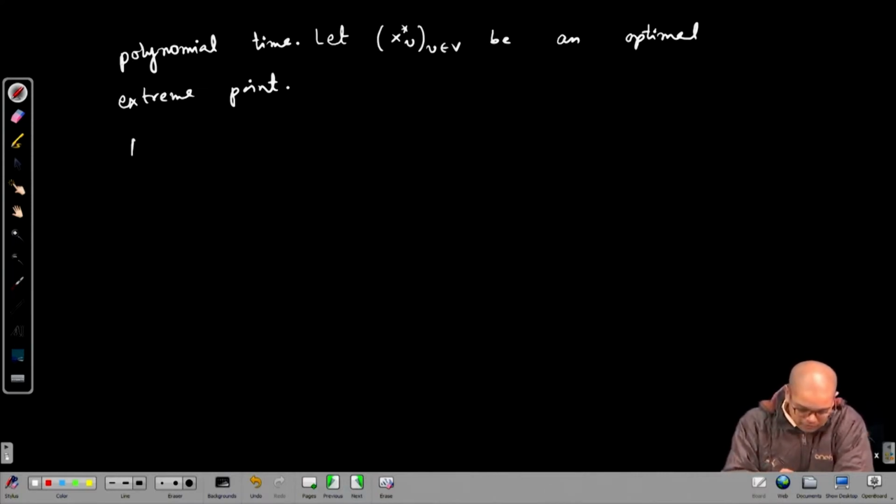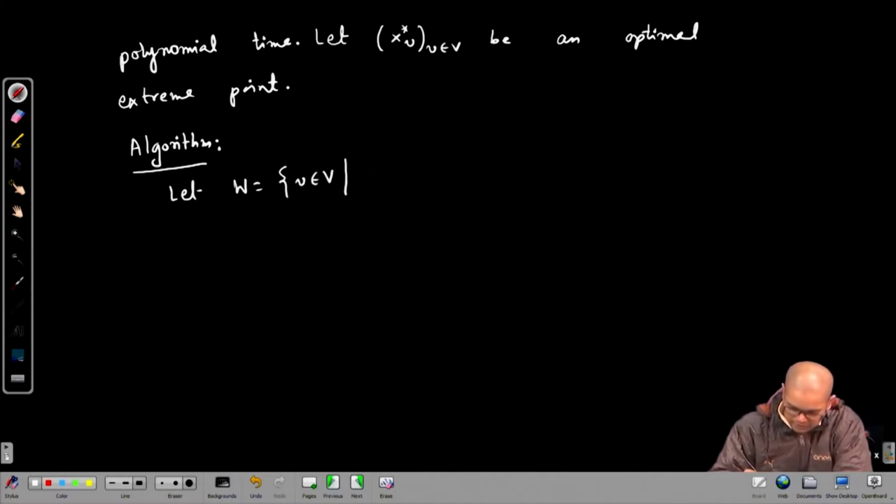So, algorithm: let W equal to the set of v in V such that x star v is 1 or x star v is half.